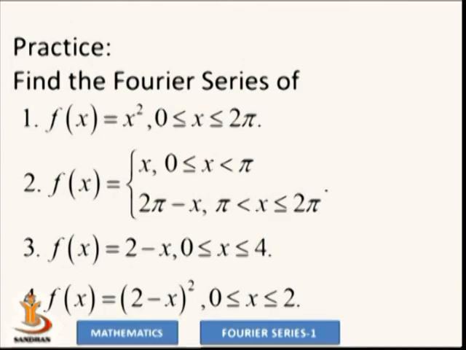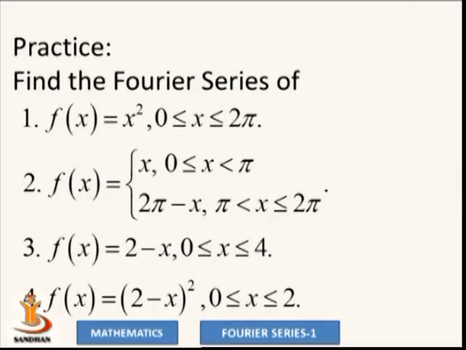So let friends calculate these functions at home, and let's try one more function to find its Fourier series with a different limit. So I will show you how to calculate the Fourier series of the third one.